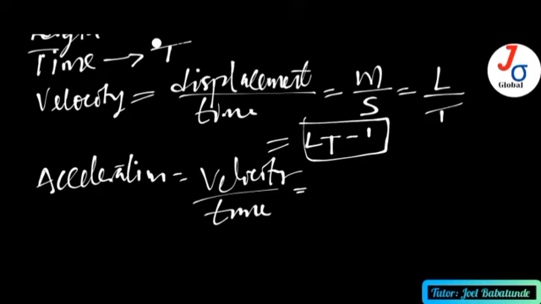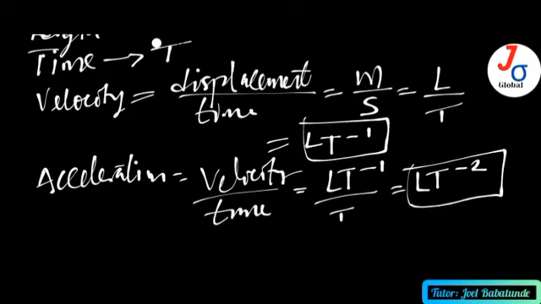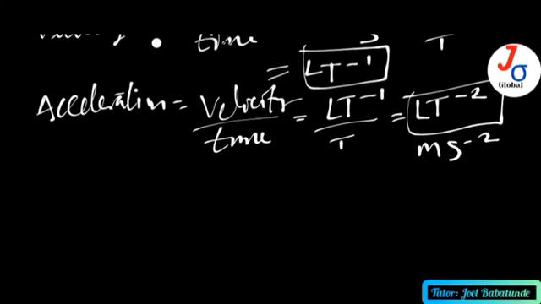LT raised to the power of minus 1 divided by T. And so if I write that, I'm going to write that as LT to the power of minus 2. So this is acceleration. And remember that the unit of acceleration is actually meters per second raised to the power minus 2. Okay, good. So it's the same. Length, meters, times seconds raised to the power minus 2.